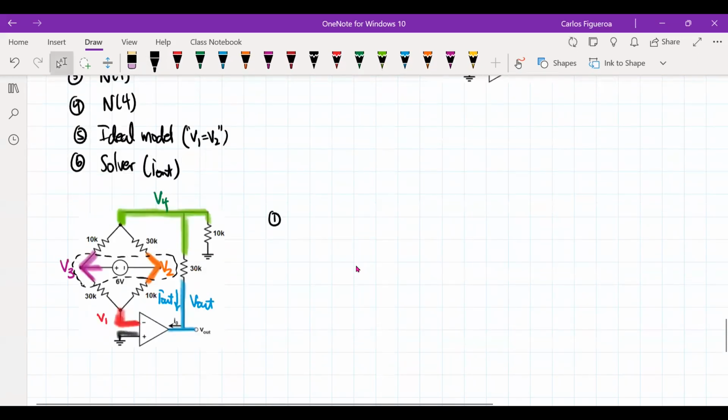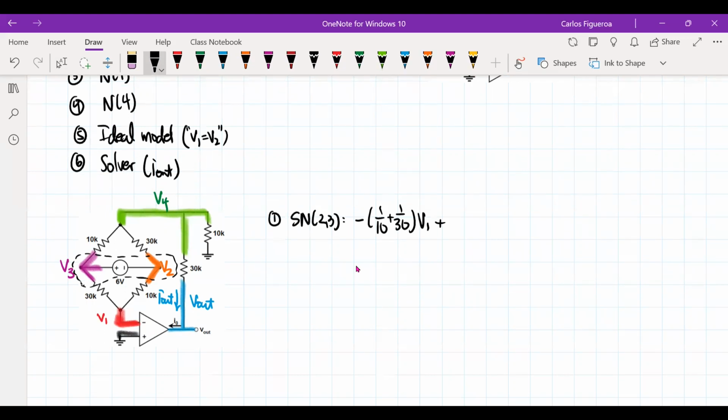So here we go. I have a supernode between 2 and 3. If I look at 2 and 3 here, you could see there are 2 resistors connected to 1. So I got a 30K and a 10K, but they're mutual. So I'm going to write minus 10 plus 30, and that's going to give me V1. That's the mutuals for that. And then I have node 2.